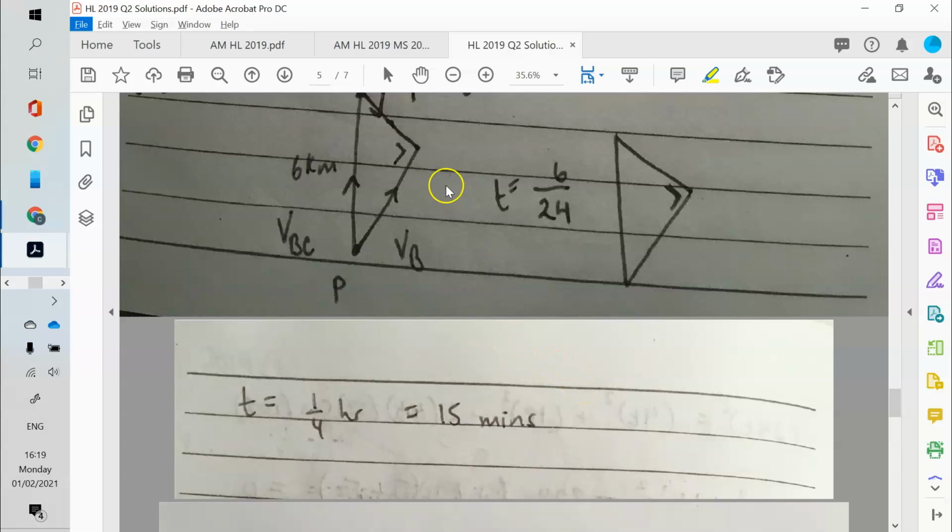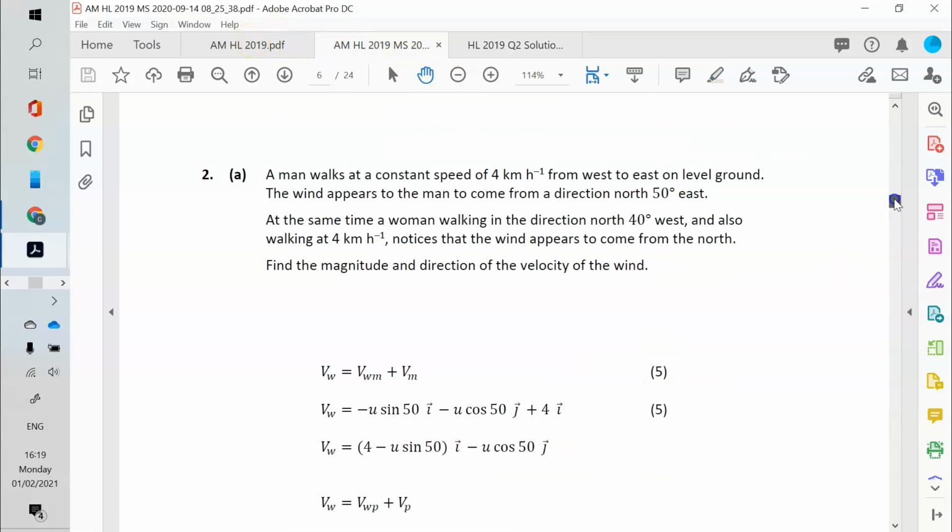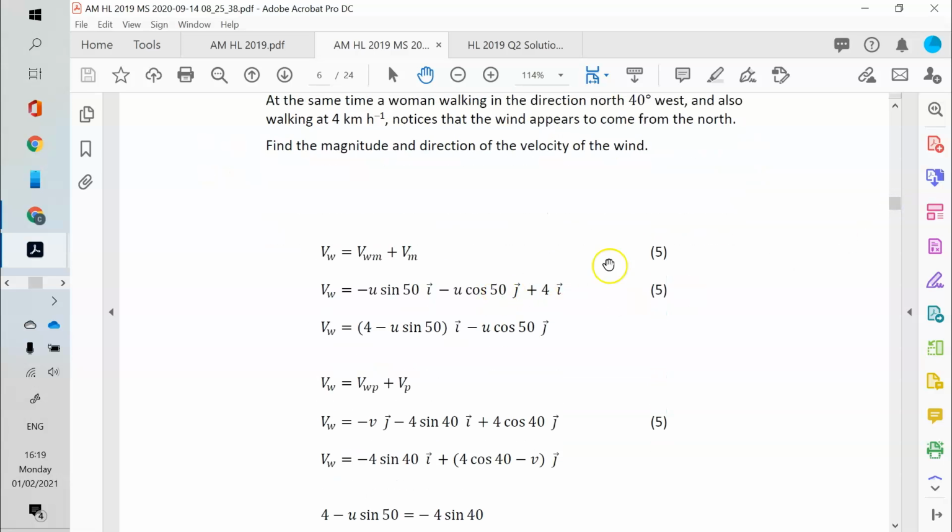So I just want to jump quickly into the marking scheme for this. I jump back to part A. There are 5 marks going for giving the formula, so make sure you state that formula of your relative velocity, and then substituting into the formula gets you the next 5 marks.